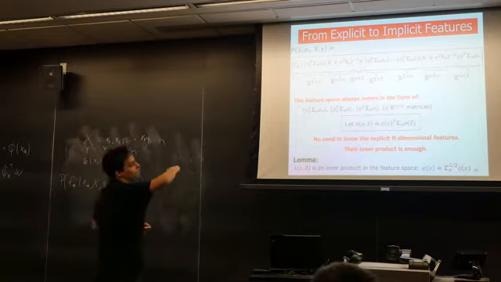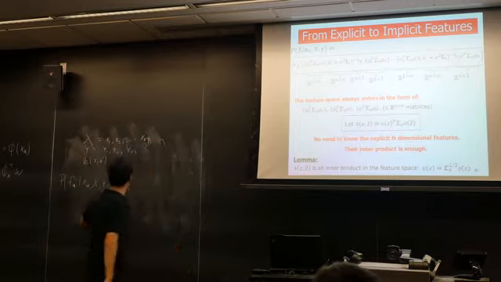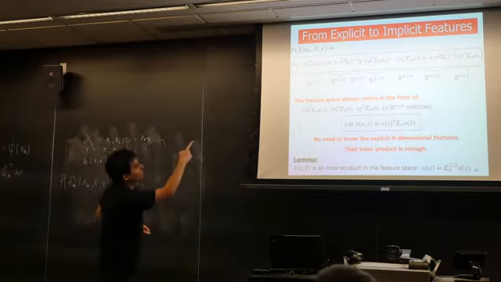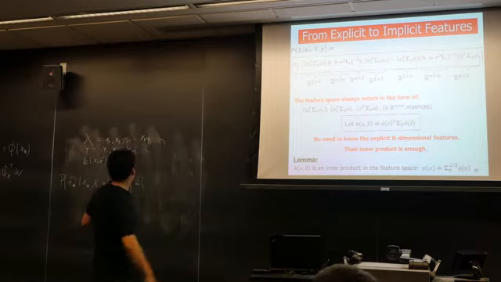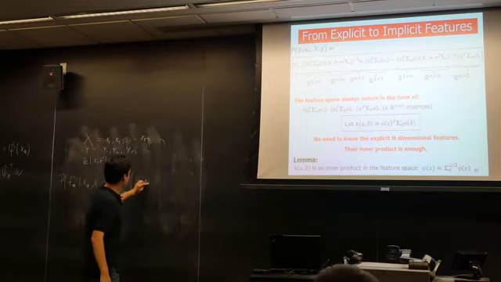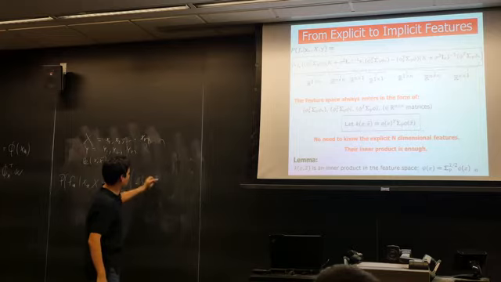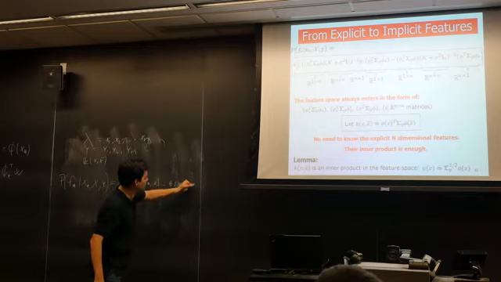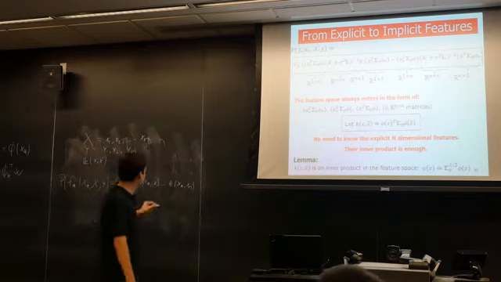We start with a 1 times n vector that has the values k between phi star and phi. So it's k(x star, x1) through k(x star, xn). That's a 1 by n vector.